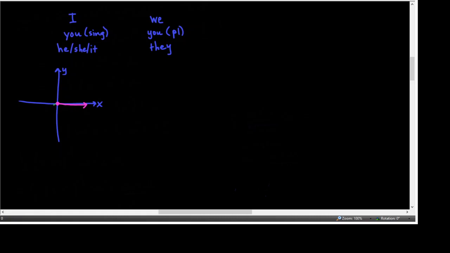Let's say -3, -4 is right there. So that green line is the terminal side of our angle. And this is our angle from the initial side to the terminal side.